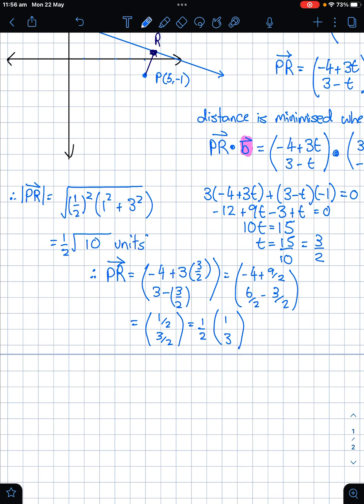So the shortest distance from the point to the line is going to be given by half root 10, or root 10 on 2 units. And we would state that in there.